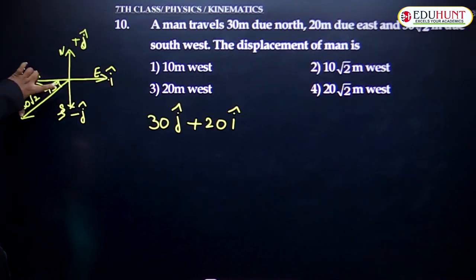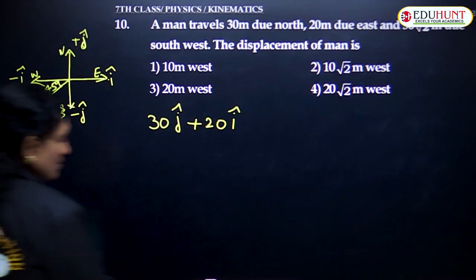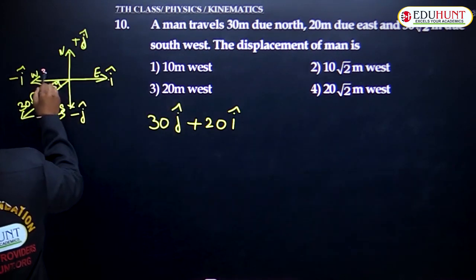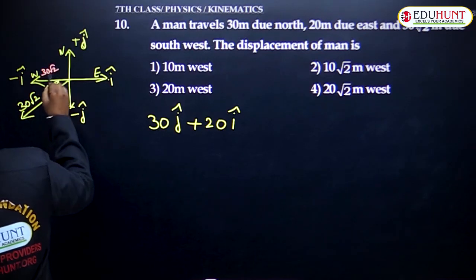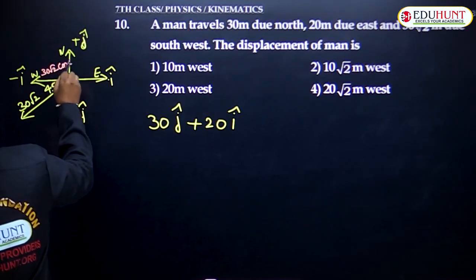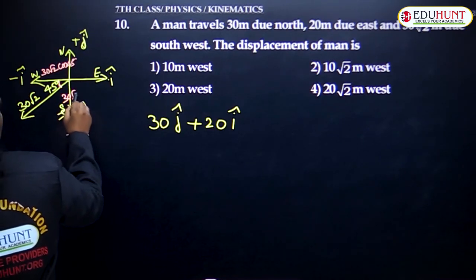So this vector can be resolved into two components, horizontal as well as vertical. This 30 root 2 can be written here as 30 root 2 cos 45, and here as 30 root 2 sin 45.